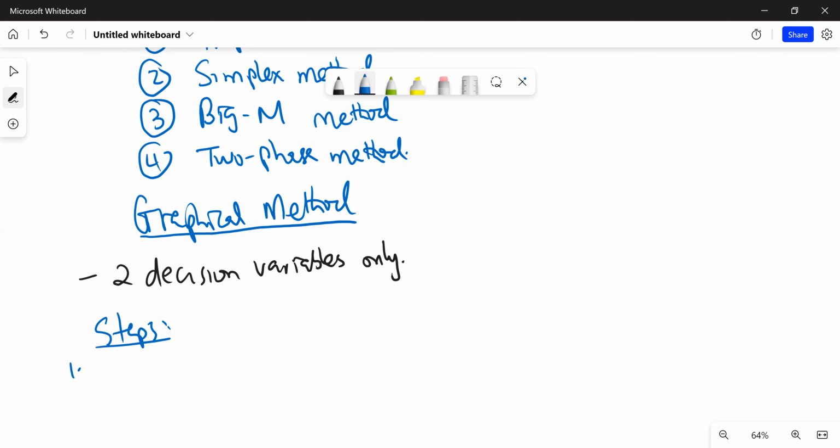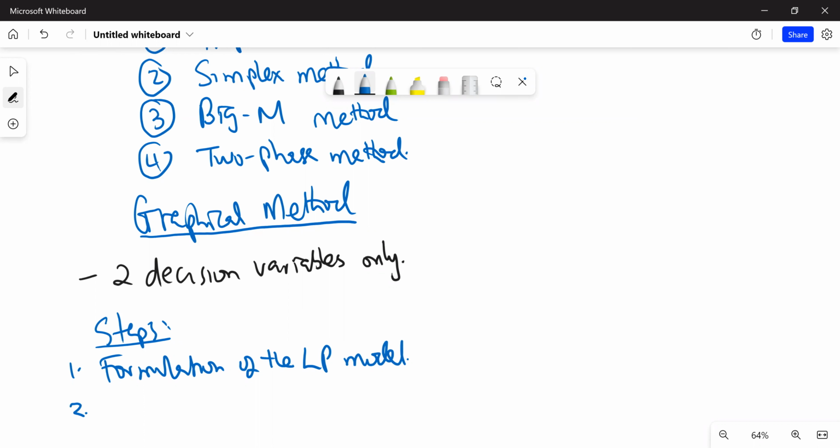So the steps are as follows. Number one, the first thing is to formulate the problem into an LP model. That's what we were doing earlier on.